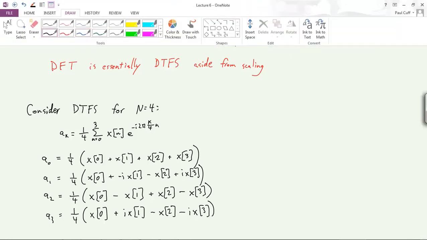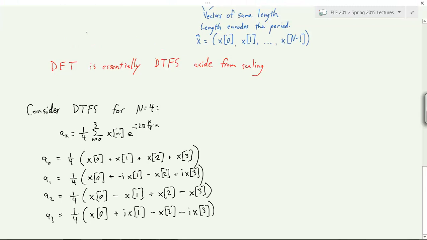Now notice, well, let's just look at an example to drive this home. So suppose xn is the following signal. It's 1 when n equals 0, 1 when n equals 1, 1 when n equals 2, and 0 when n equals 3, and it's periodic with period 4.